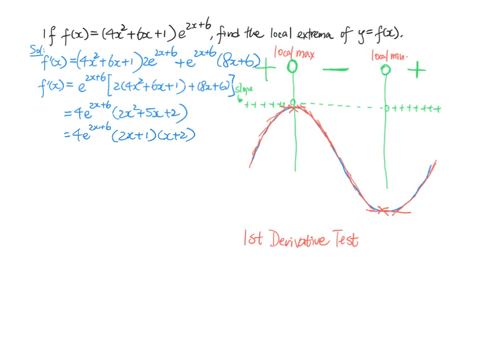Then I set f prime of x equals to 0, to find the local extrema, which gives x equals to -1/2 or -2. Just a side note, e is a positive number, and any power of e will never equal 0, so you could actually disregard this part when you set the whole f prime of x equals 0.